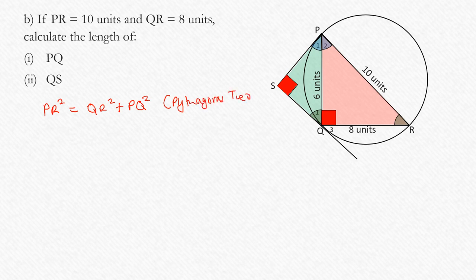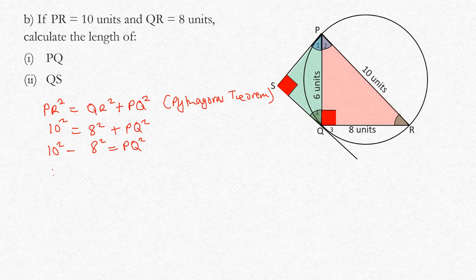Then 10 squared is equal to 8 squared plus PQ squared. We can transpose and say 10 squared minus 8 squared is equal to PQ squared.